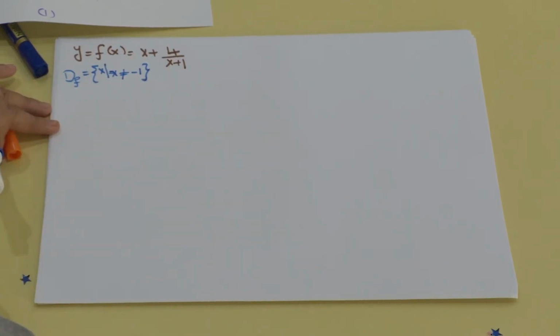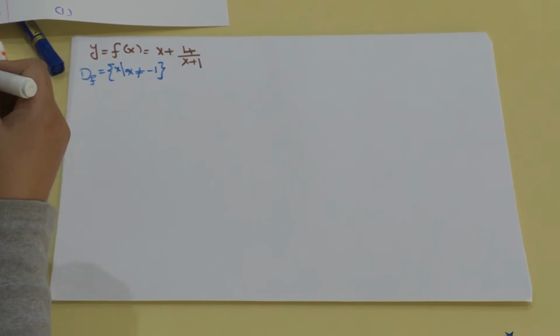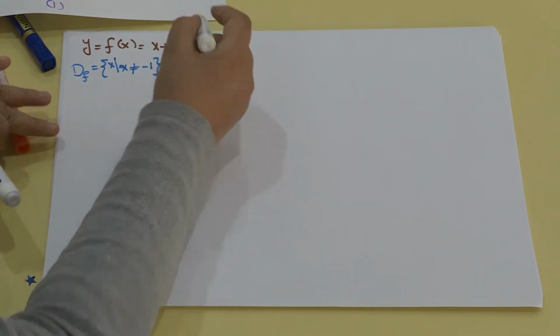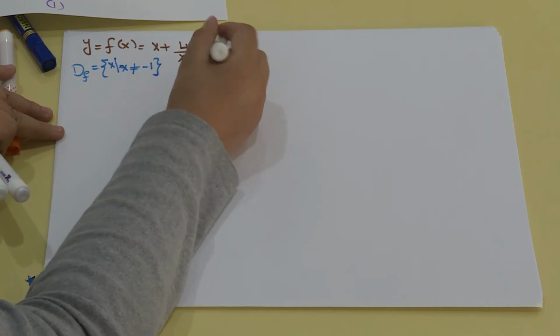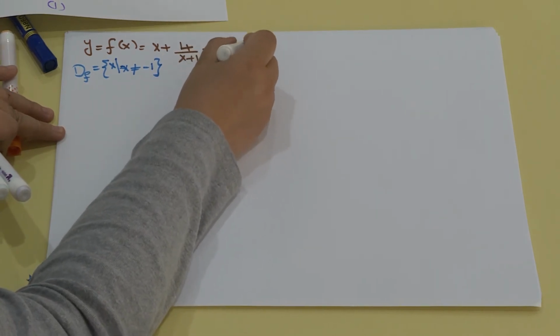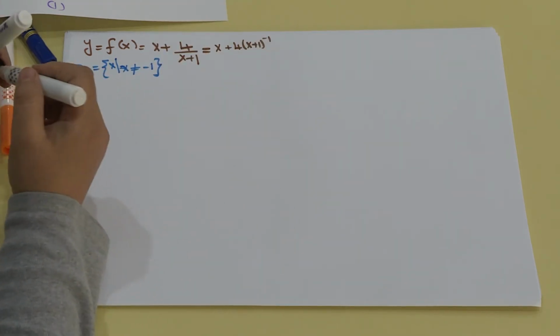This is our domain for the function. Next, in order to find the intervals for which the function f of x is increasing and decreasing, we need to differentiate. Some of you would like to rewrite the function f of x again as x plus 4 times (x plus 1) to the power minus 1, to make it easier for differentiation.